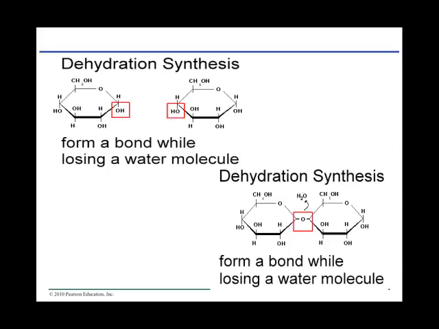So this picture is also showing you the condensation reaction or dehydration synthesis. Here are two monomers. And in order to form a bond between these two, as you see here, water has to be released and energy is put into the system.